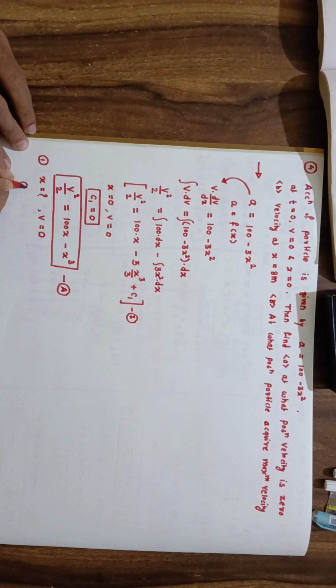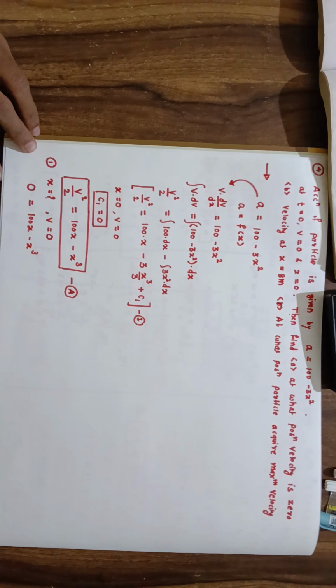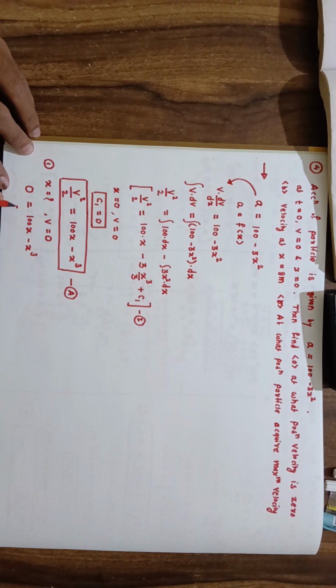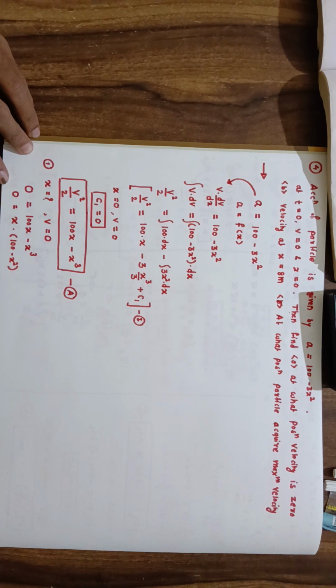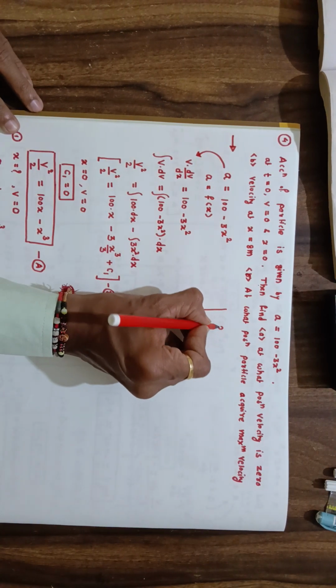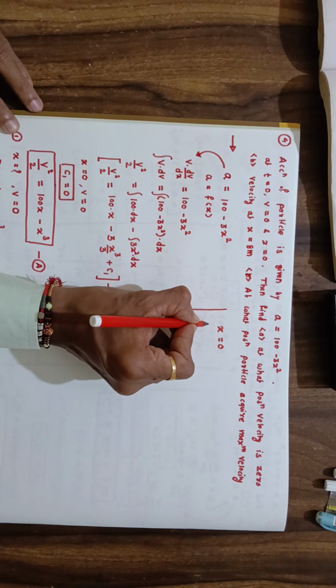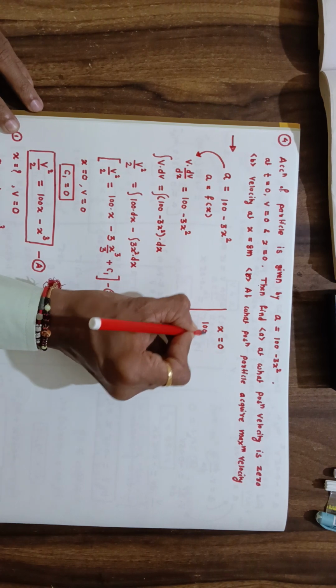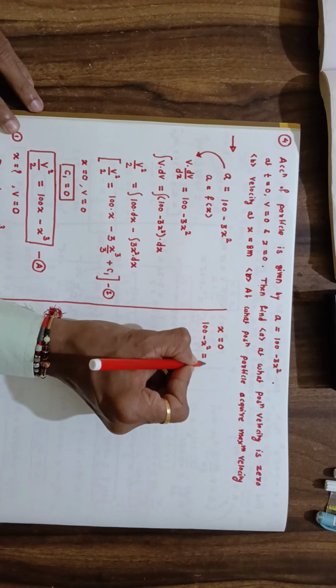So the left side is 0. This is equal to 100x minus x cube. From this you can write, this is 0, and you can take x common: x in the bracket 100 minus x square. So the first equation will be x is equal to 0, and the second equation will be 100 minus x square equal to 0.